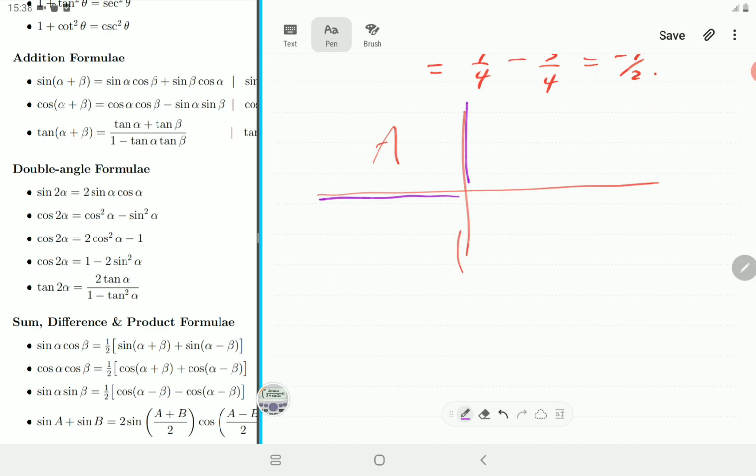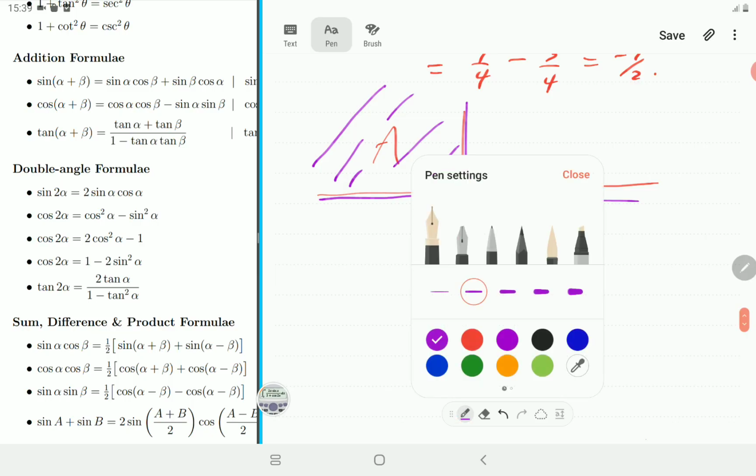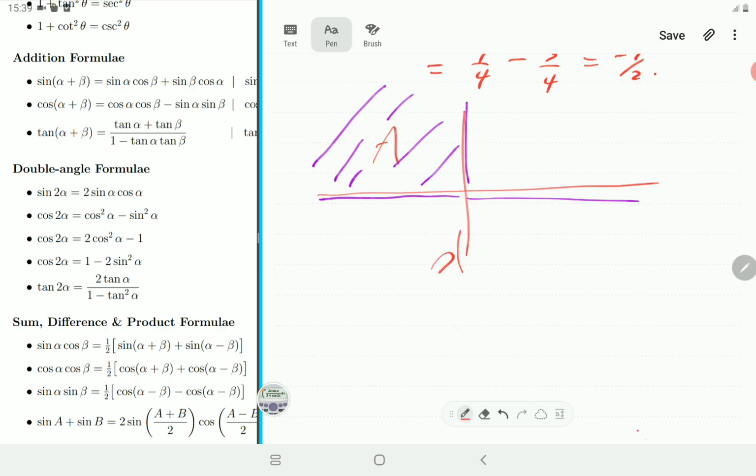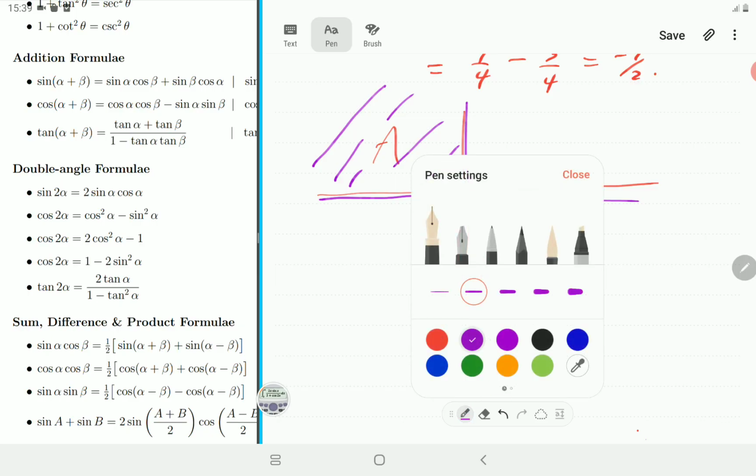And the biggest that A could be is 180. 2 times 180 is 360. So that means if the angle A is in the second quadrant, then the angle 2A could be anywhere in quadrants 3 and 4.